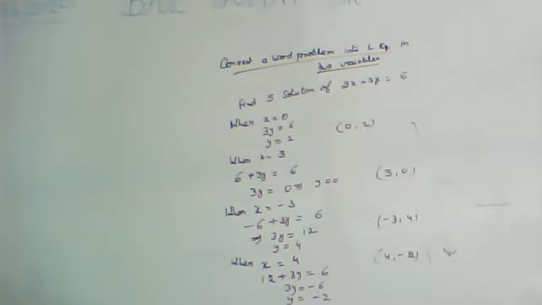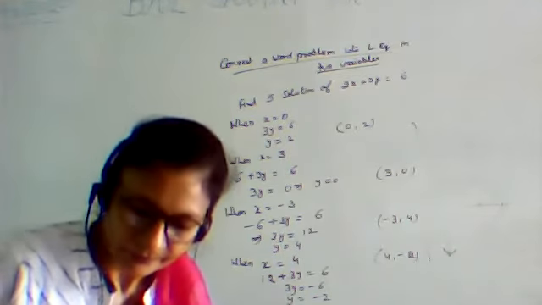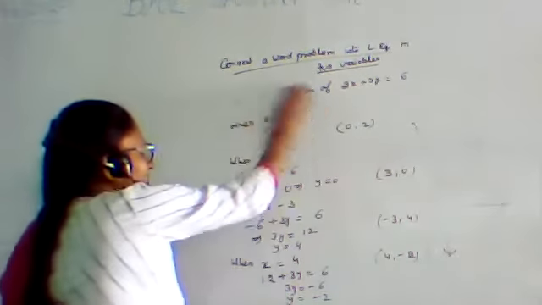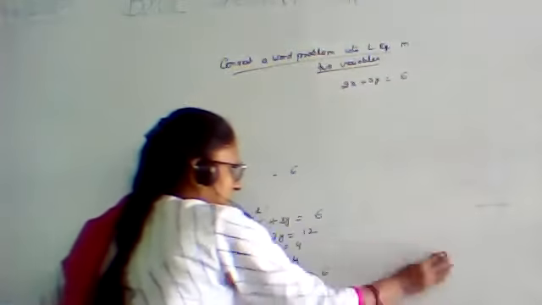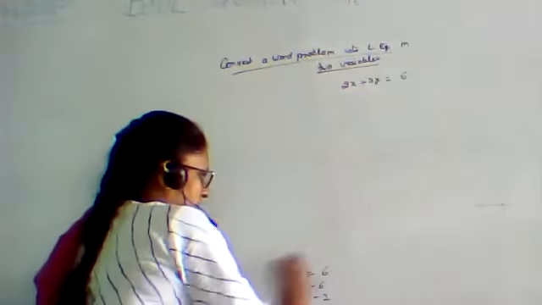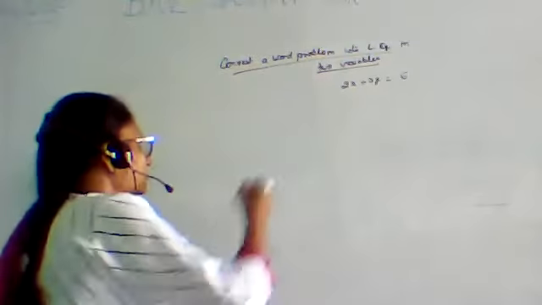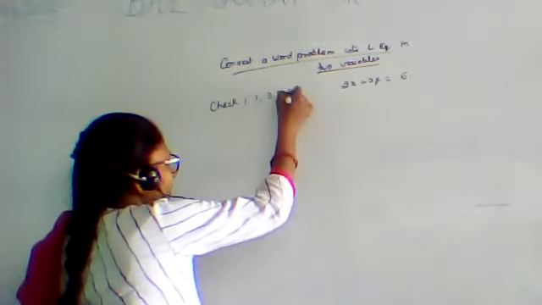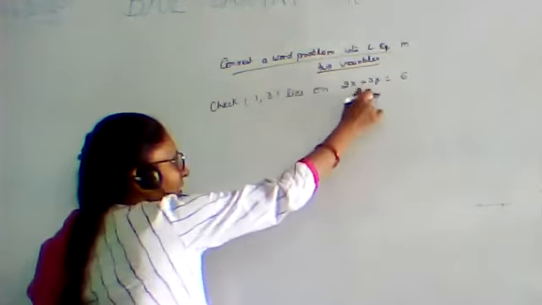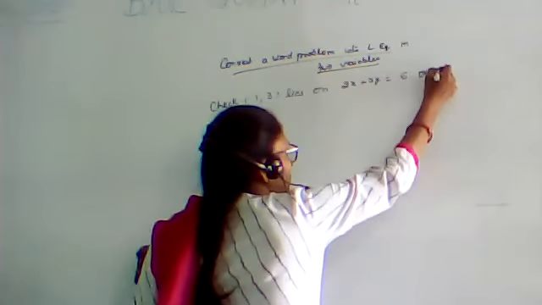Okay. This is the way how to find the number of solutions of the given line. Also, there is a question: check whether 1, 3 lies on the line or not.